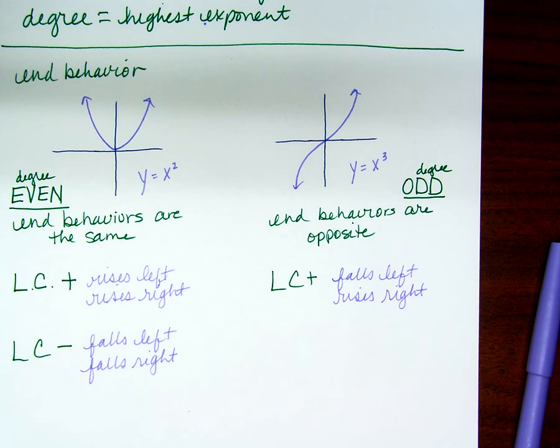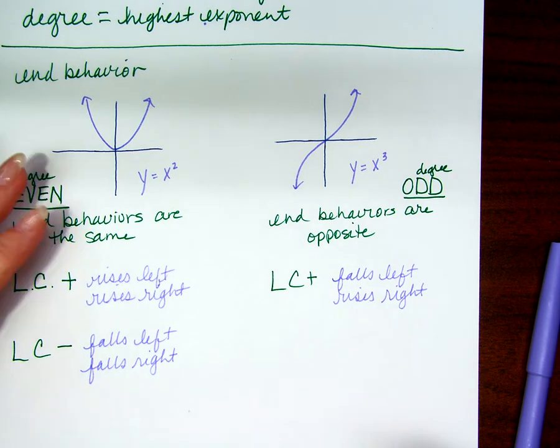When we talk about domain, we talk about least to greatest, lowest to highest. So when I talk about end behaviors, I always talk about left first and then right. It's not wrong to talk the other way. I'm just letting you know I'm always going to say left to right. Plus, it gets you in the habit of talking about left to right when you're talking about domains, so it's probably a good idea.